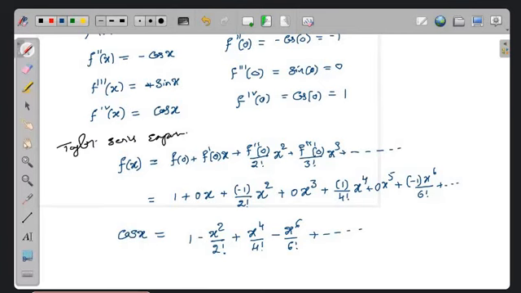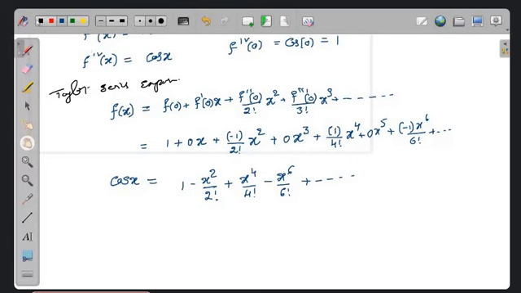In other words, we can of course write the nth term for it. So the expansion of cos x is summation n equal to 0 to infinity of minus 1 to the power of n into x to the power of 2n over 2n factorial.